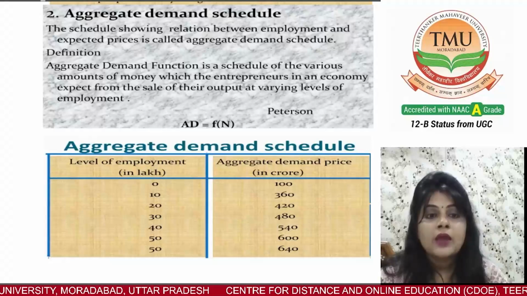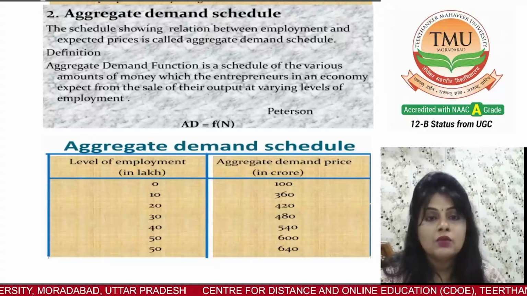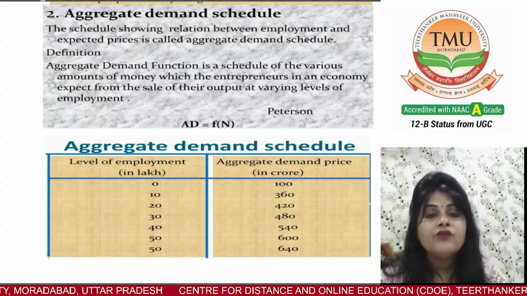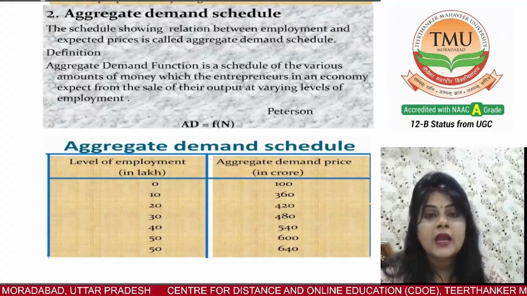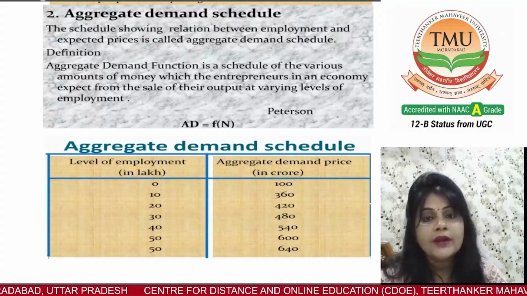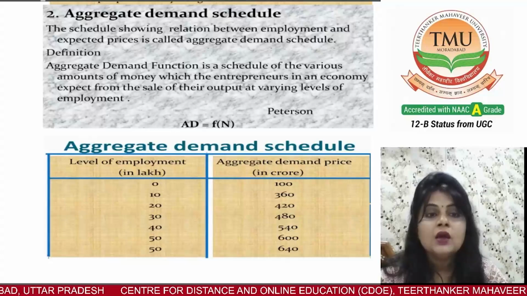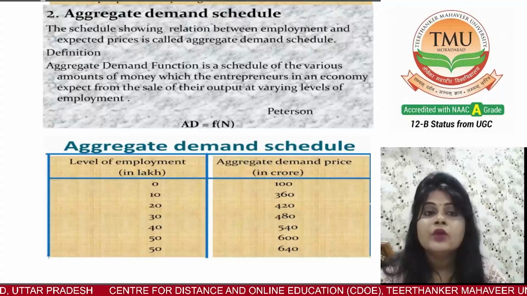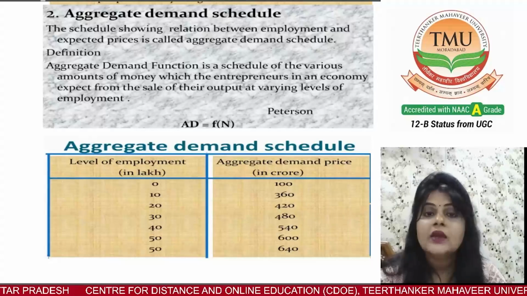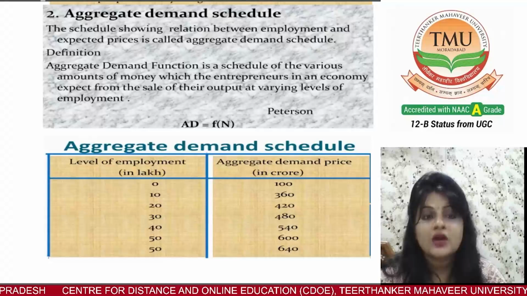When the level of employment also increases and 50 lakh people are provided jobs, it produces 600 crores. According to Keynes, the aggregate demand function is an increasing function.